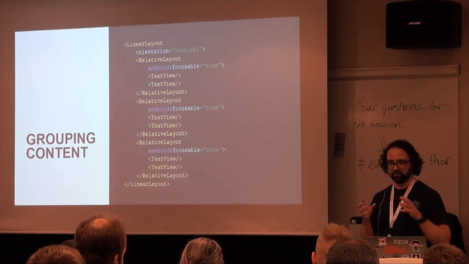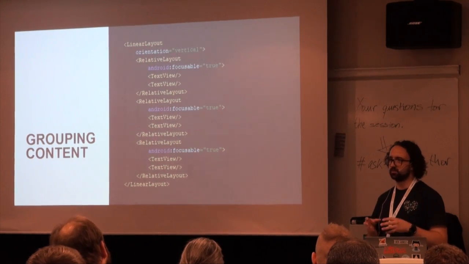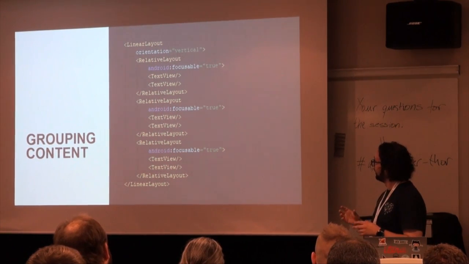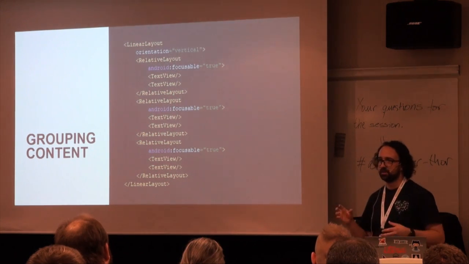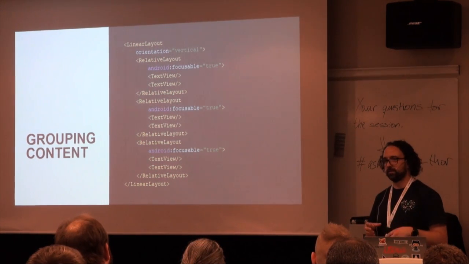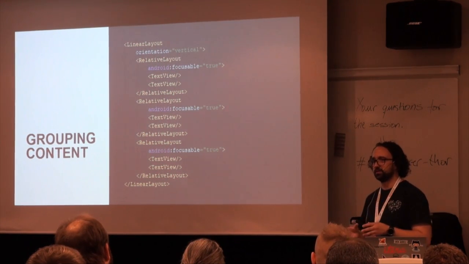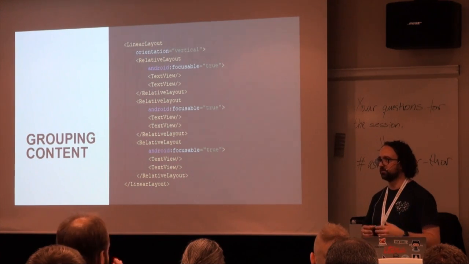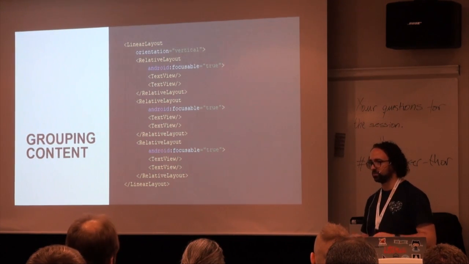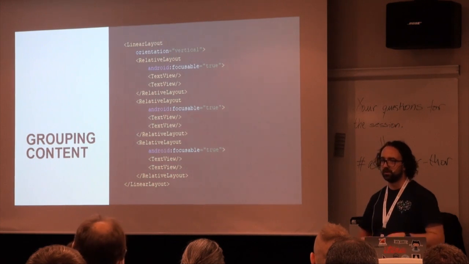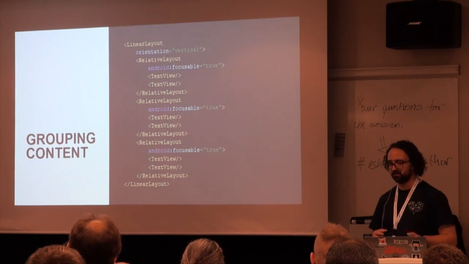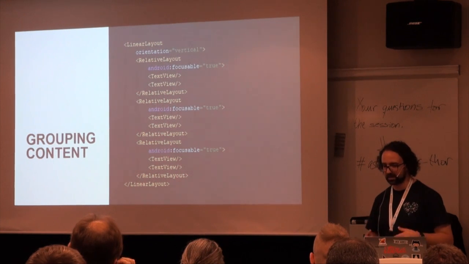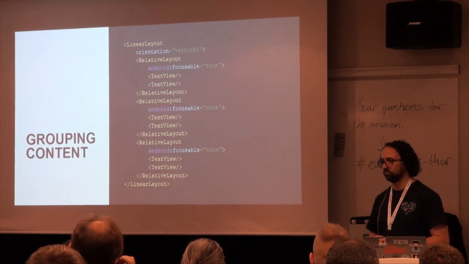If you group the content, for example, you have a list with several text views, then once you switch to that element, you get all of those texts read out loud instead of having the user swipe to each one. If you do that, they can navigate the site a lot quicker, and they can scan the page at a much higher speed.